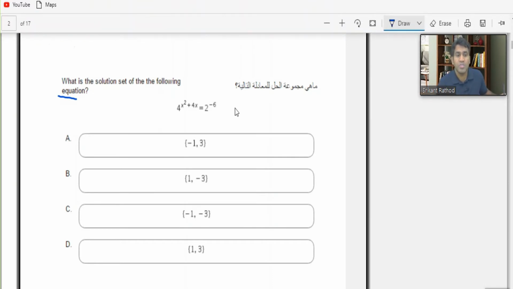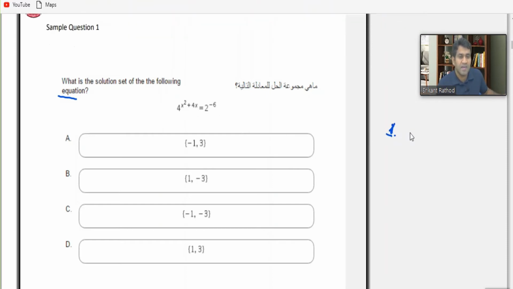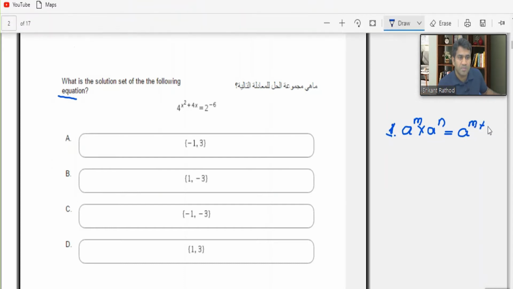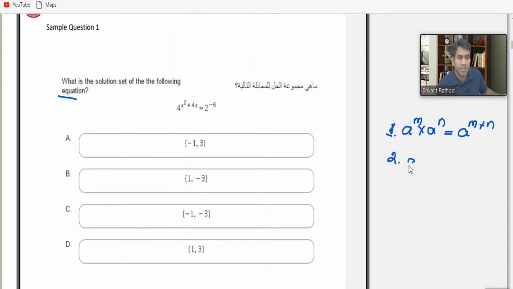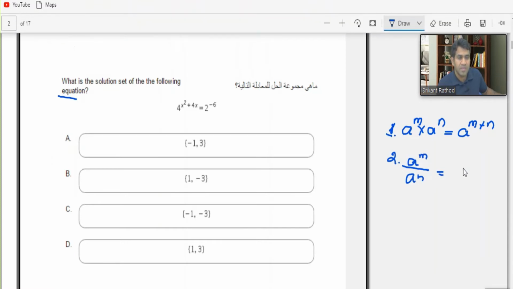To solve these questions I need some basic rules, because this is a question relating to exponents and roots. The first rule: a to the power m times a to the power n can be written as a to the power m plus n. This is the rule of exponents. Second rule: a to the power m divided by a to the power n can be written as a to the power m minus n.